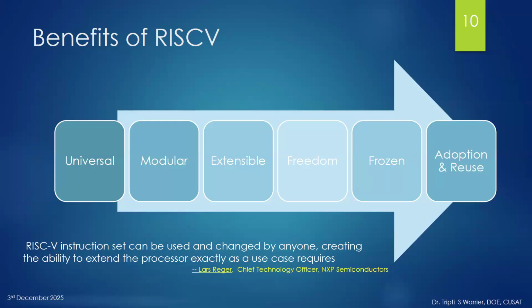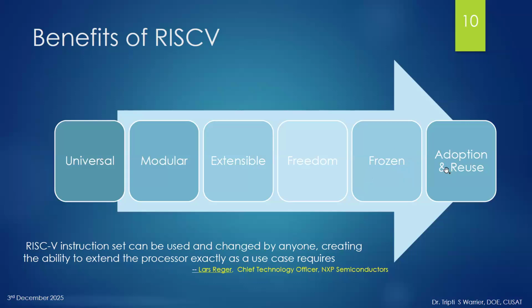The ISA itself is modular in nature: you have a basic integer set, which can be extended based on your application requirement. And you have the freedom to choose which instruction to use and which instruction not to use. As and when sub-extensions get ratified, that is, once they fix the instruction subset, the compilers are modified to support that.